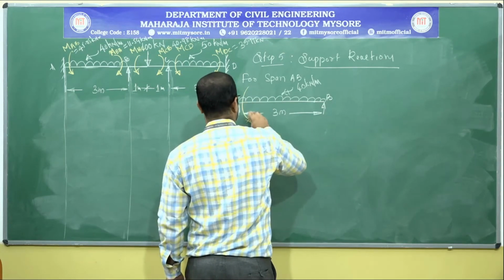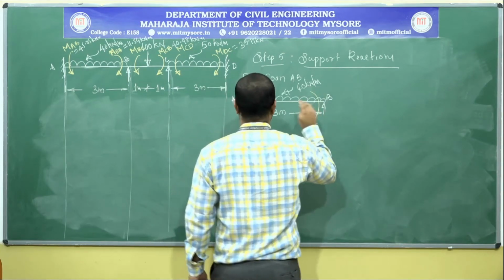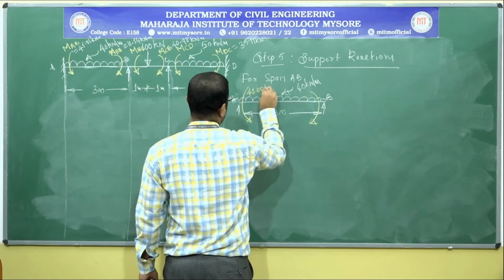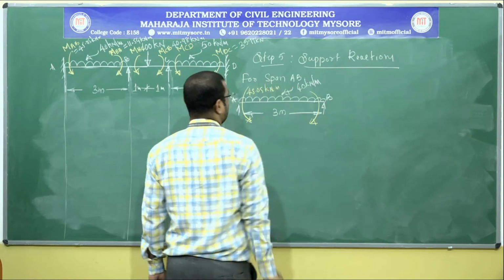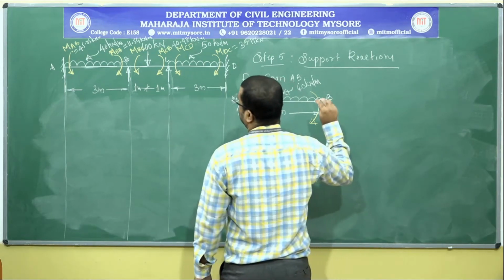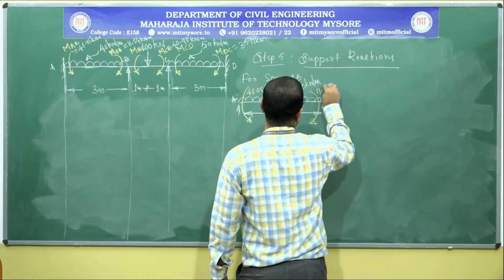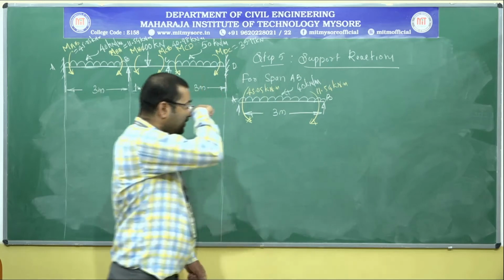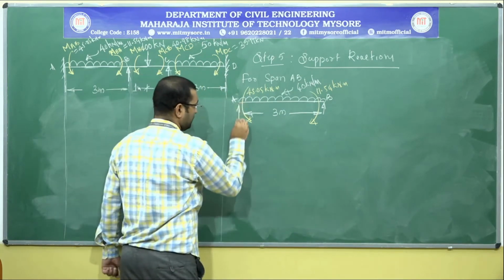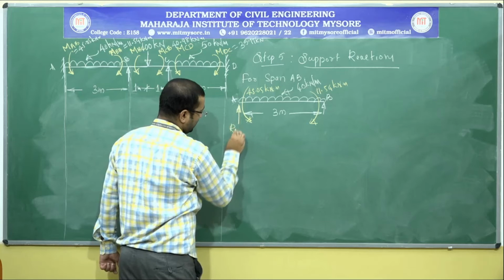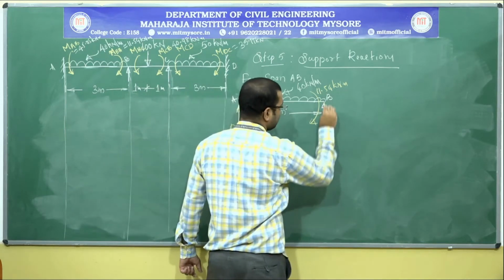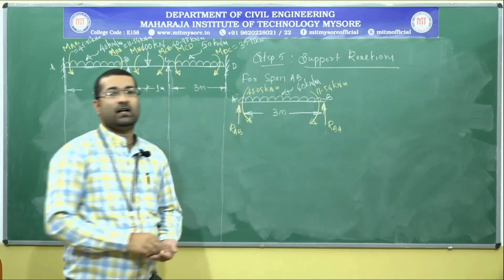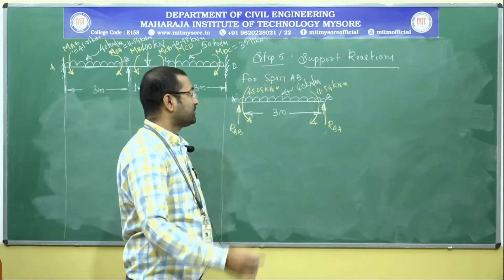One is MAB, another one is MBA. So MAB is 45.05 kilonewton meter, and MBA is 11.54 kilonewton meter. Now here we need to determine the reacting components, that is RAB and RBA.